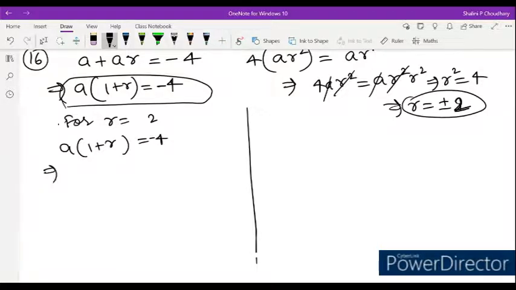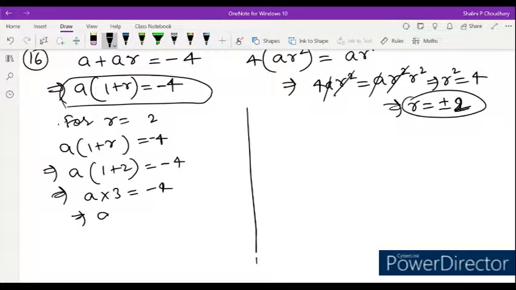So A into 1 plus 2 is equal to minus 4. Then A into 3 is equal to minus 4. Then A will be equal to minus 4 upon 3.